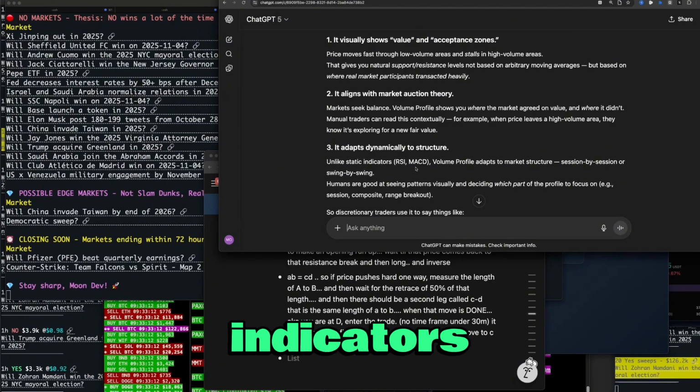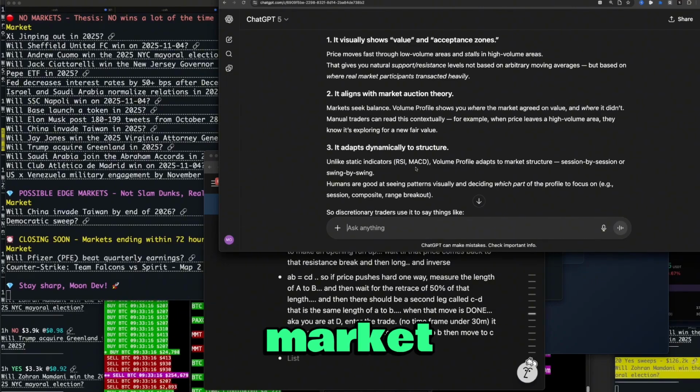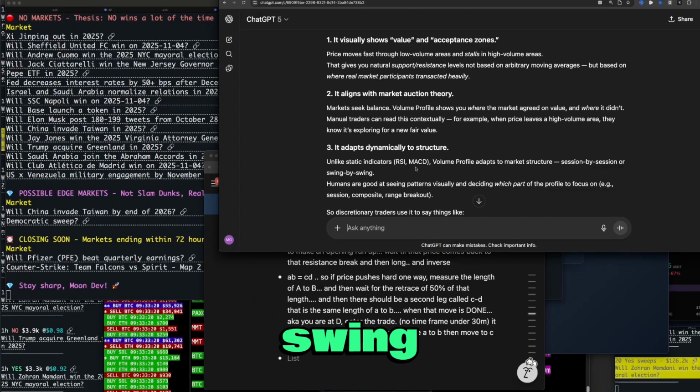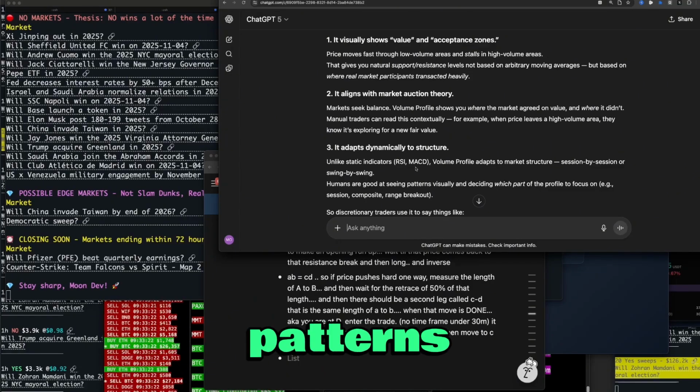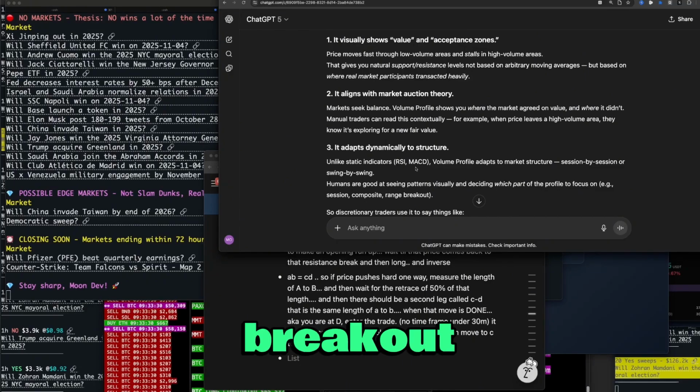Unlike static indicators, RSI, MACD, volume profile adapts to market structure, session by session or swing by swing. Humans are good at seeing patterns visually and deciding which part of the profile to focus on, like the session, the composite, the range breakout.